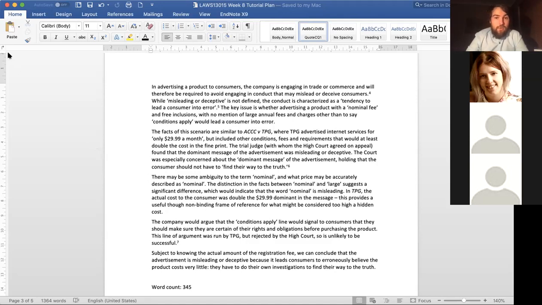Okay, so I'll stop the screen share. We've identified that this is probably going to be misleading or deceptive conduct following TPG. What do we think the potential remedies would be?